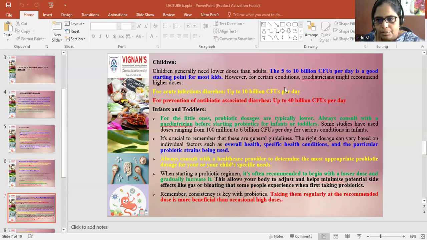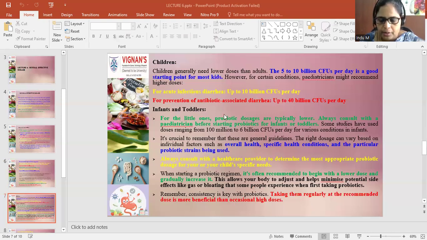For children, 5 to 10 billion colony forming units per day is a good starting point for most kids. For acute infections of diarrhea, up to 10 billion colony forming units per day in case of children. For prevention of antibiotic associated diarrhea, that is the resistant strains, you can recommend up to 40 billion colony forming units per day.